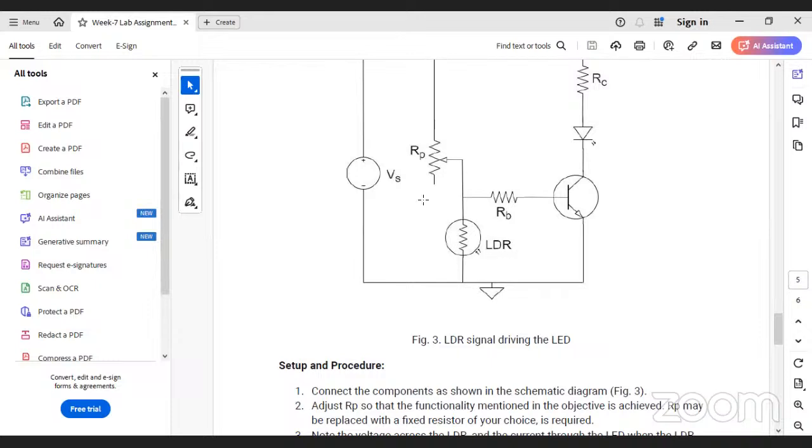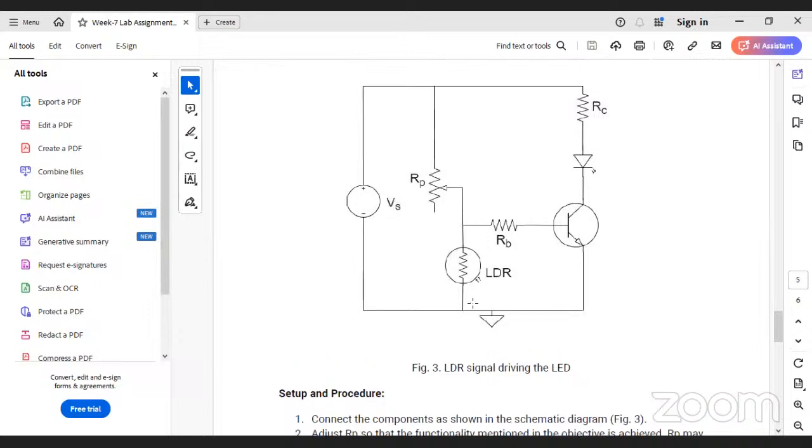Current will flow anyway. Depending on the intensity of light, the resistance variation will happen, and as a result the current, the IB, will change. If the current is flowing through the LDR because resistance is low, will it not flow through RB?